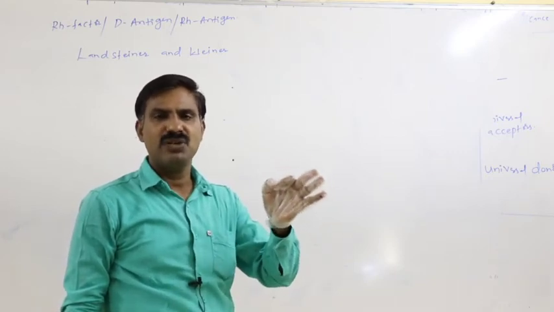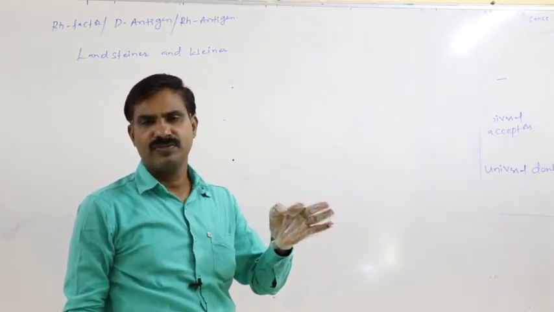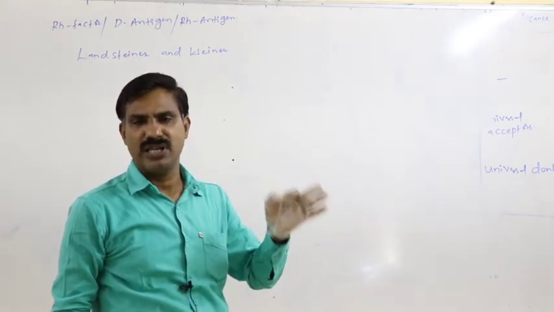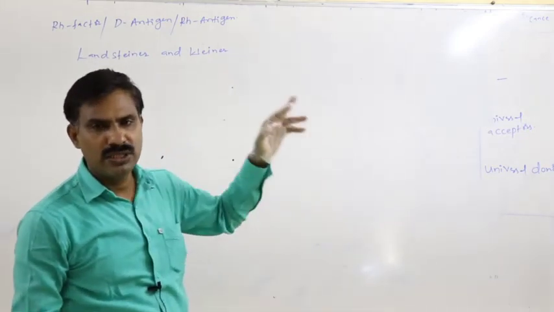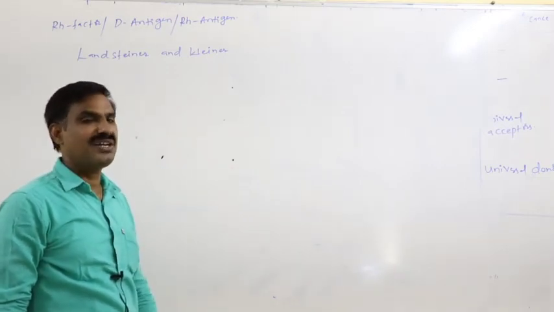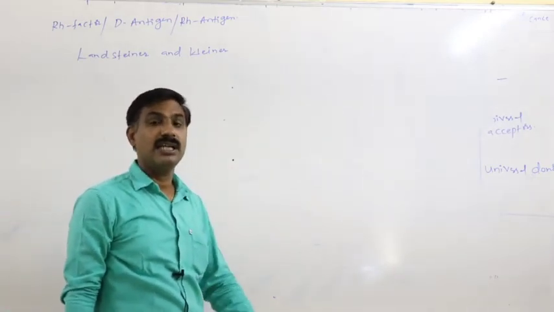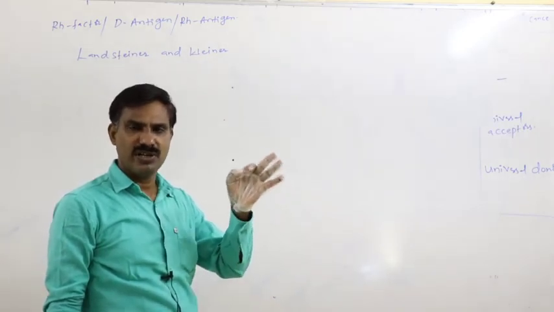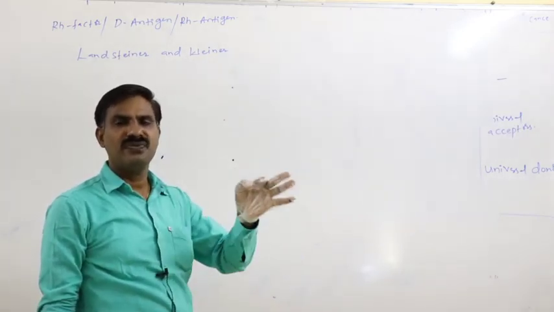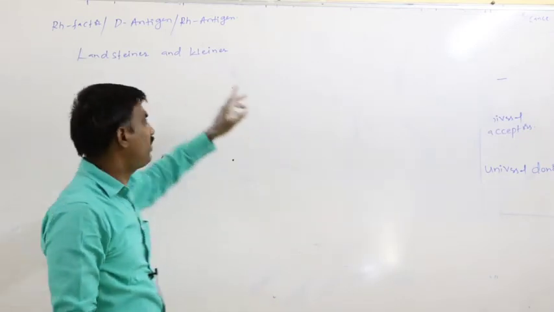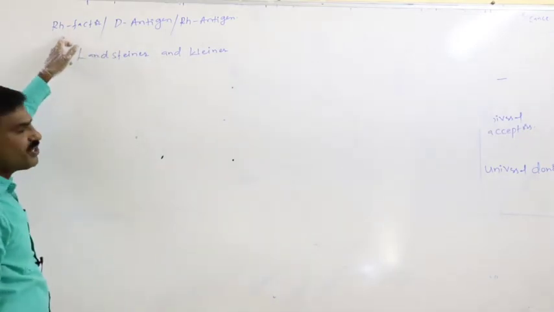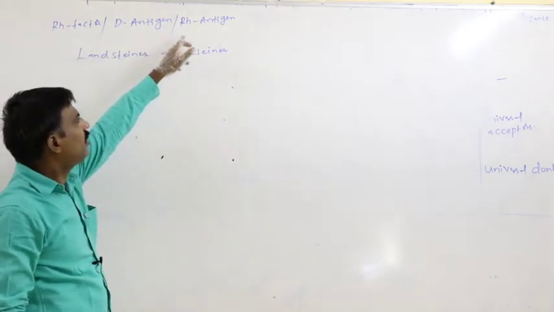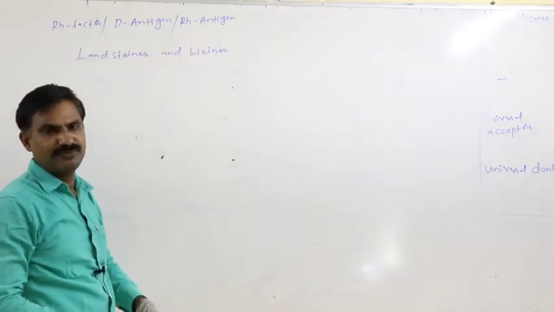So that kind of additional protein, which is present on the surface membrane of the RBC of rhesus monkey, is said to be the RH factor, or D antigen, or RH antigen.